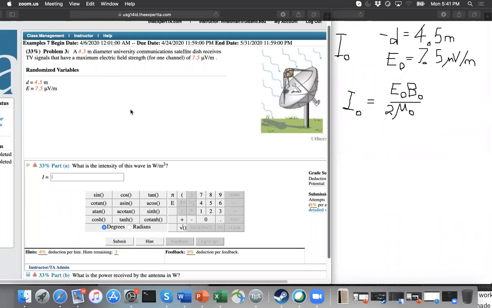What about B naught? We don't know that. We're not told it, but we do know what it is because we have another relationship.